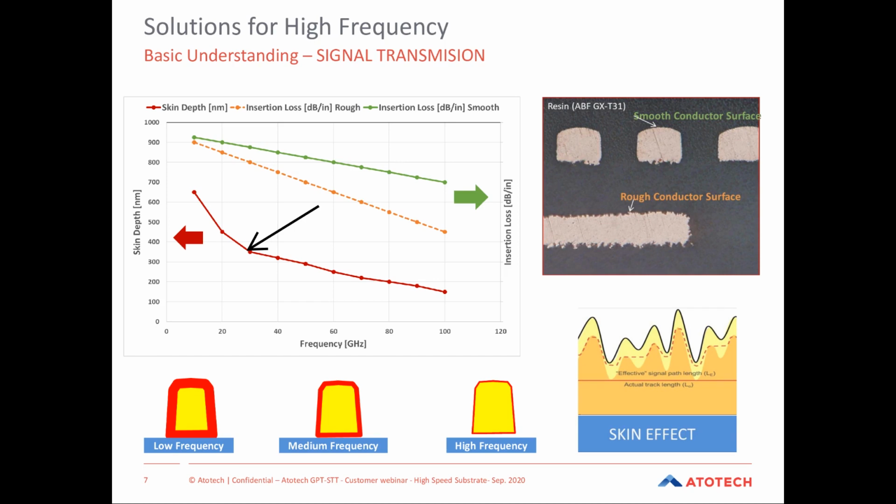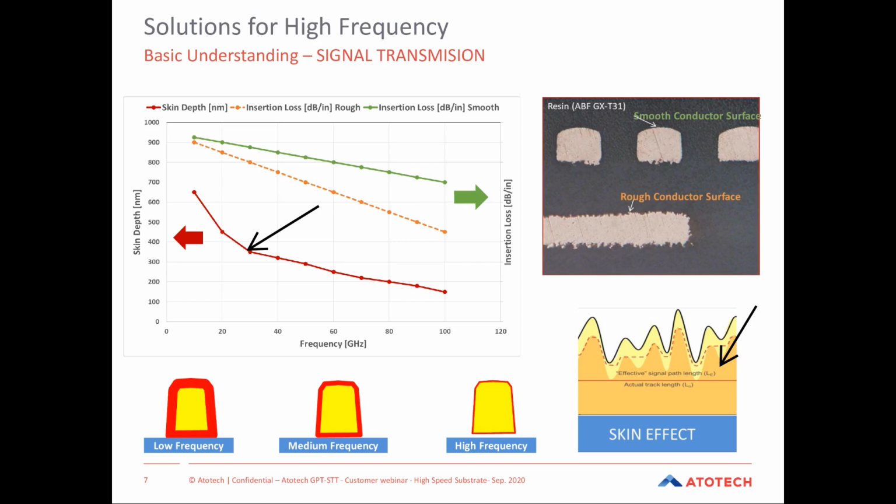At low frequency, it still moves inside of the bulk, deeper. So if the surface is rough, the signal doesn't see the surface morphology. It doesn't see this profile. It just moves straight like a line here, so the length of the signal path is as you see from the bulk.